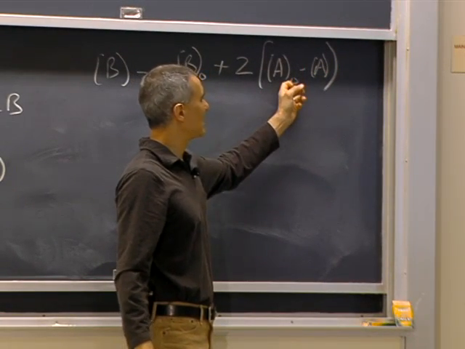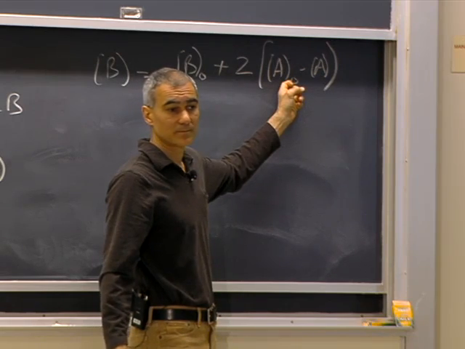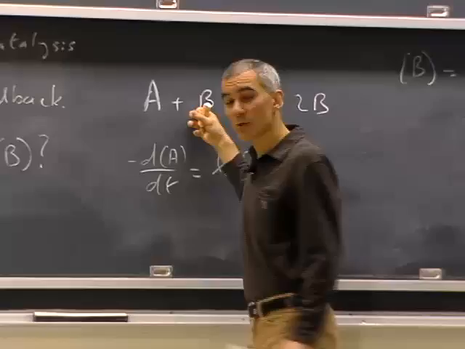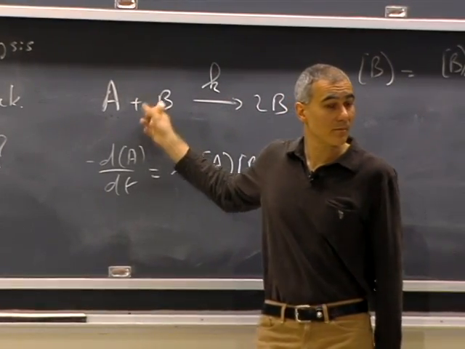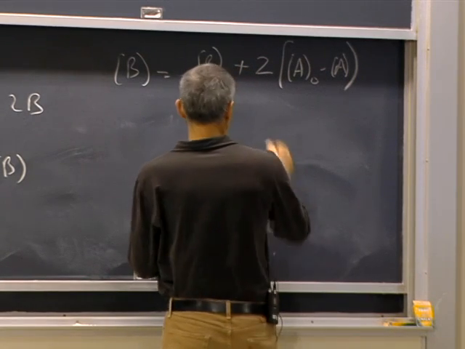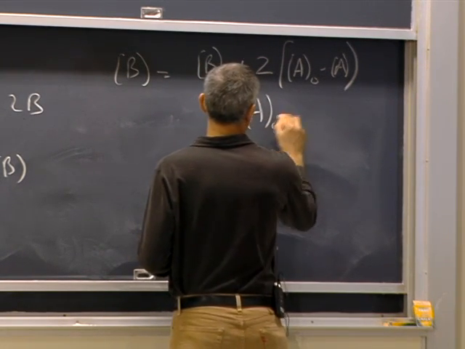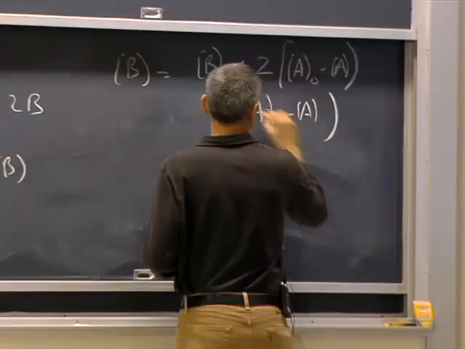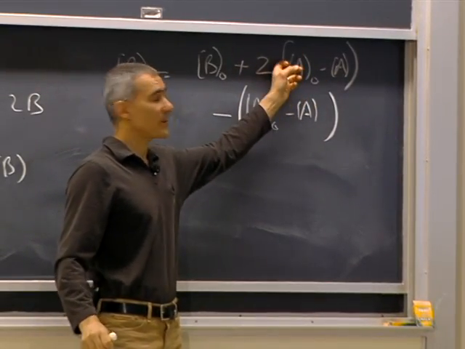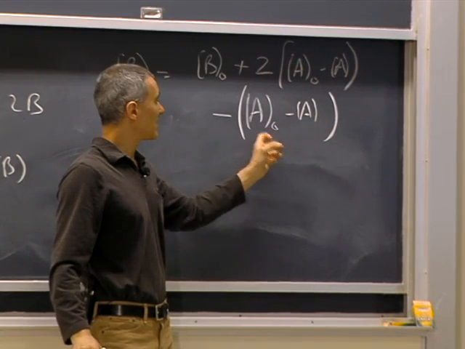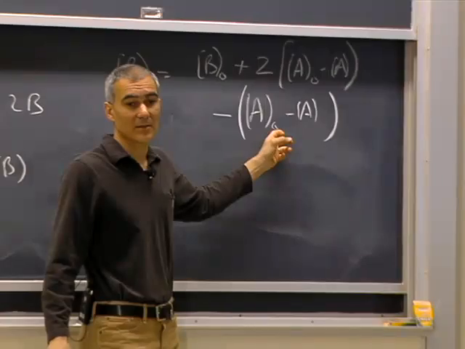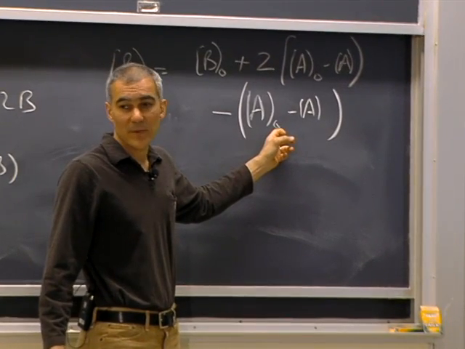So the difference is what you've destroyed. But every time you destroy an A to form 2B, you also destroy a B. So you have to subtract away the B that you've destroyed, which is A naught minus A. Right. This is the 2B that you create by destroying A. And this is the B that you destroy by having to destroy A, through the reaction. Right? You've got to bookkeep correctly.